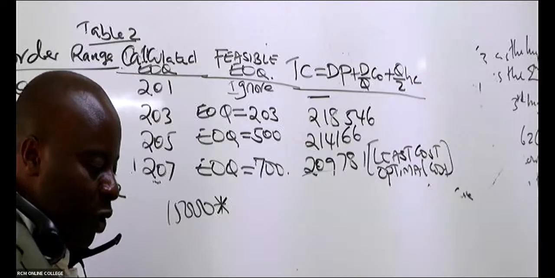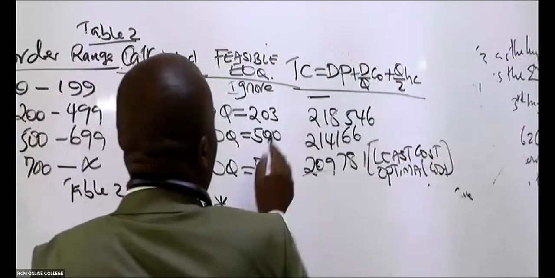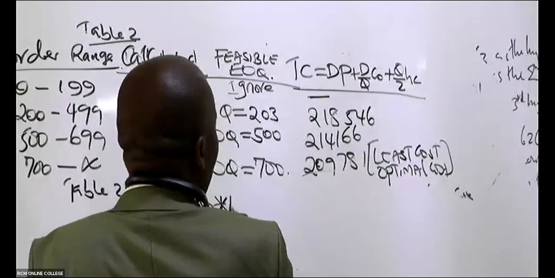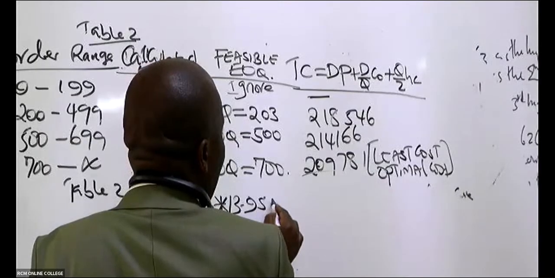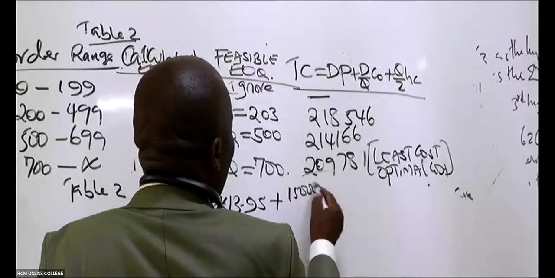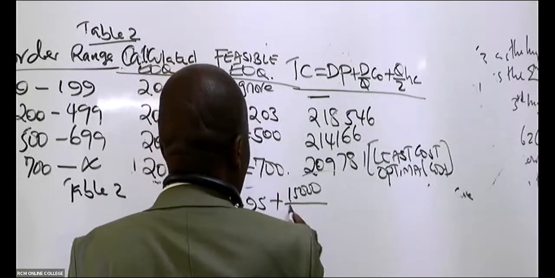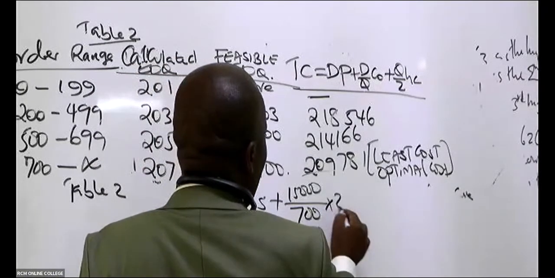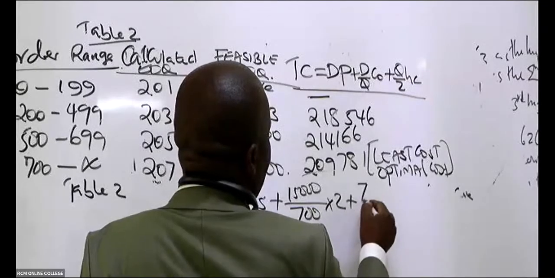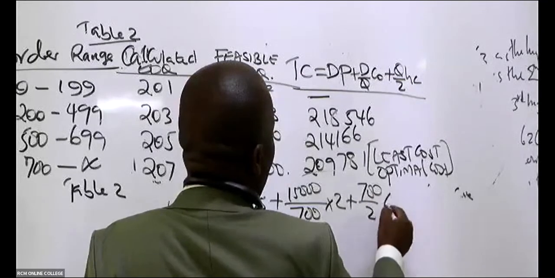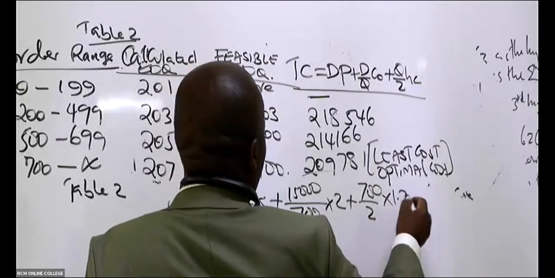That is the essence of teaching. So the price was 13.95 plus 15,000 over Q, where Q is the EOQ, the 700, times cost per order, which is 2, plus Q over 2 times the holding cost, which was 1.395.